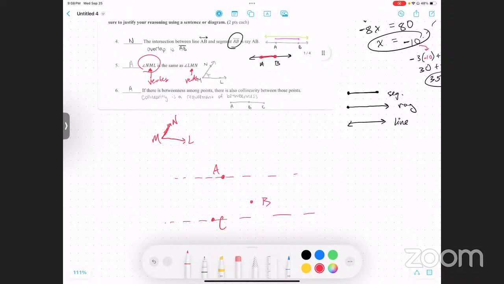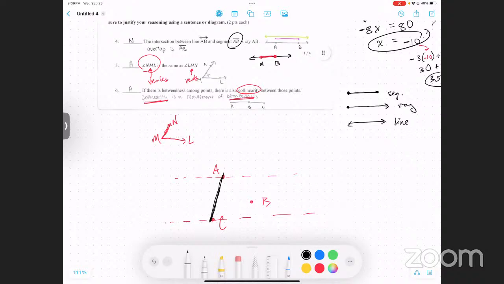According to what we just looked at, betweenness does mean collinearity. So it says if there's betweenness among points, there's also collinearity. The answer would be yes, because the definition of betweenness involves collinearity, meaning they have to be on the same line.